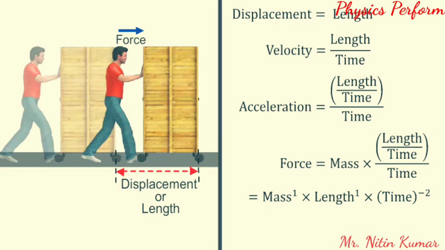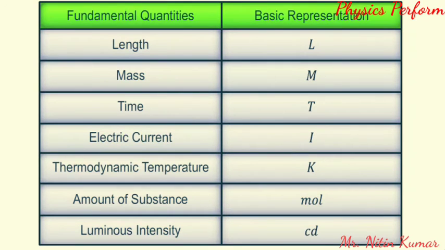For mass, we use M. Length is denoted by L and time by T. The other four base quantities are represented by symbols of their SI units, namely electric current by I, thermodynamic temperature by K, amount of substance by mole, and luminous intensity by cd.